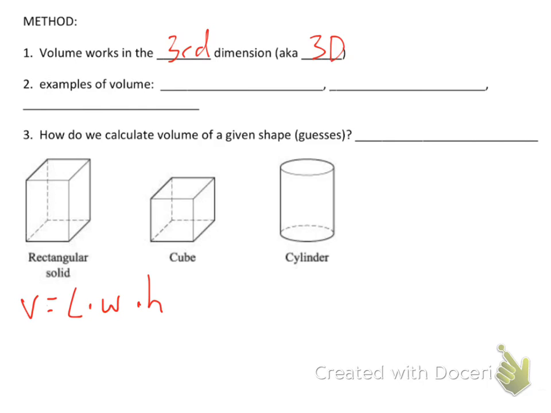The difference between a rectangular solid and a cube is that the cube has all equal sides. So instead of length times width times height, you might have L times L times L. Usually when it's a cube, they use S, so it'd be S times S times S.